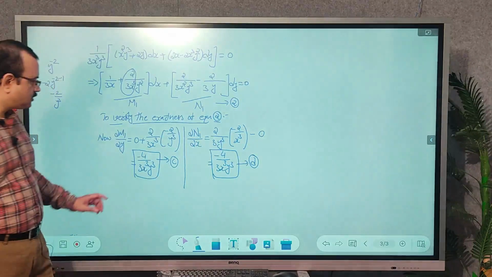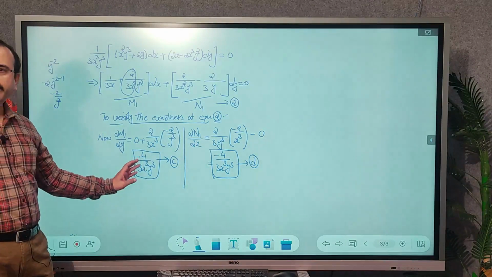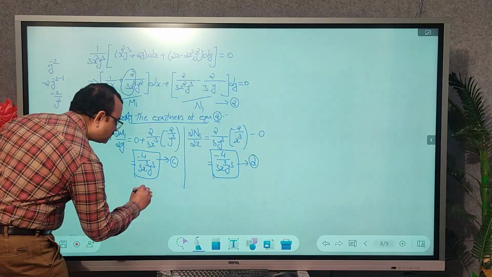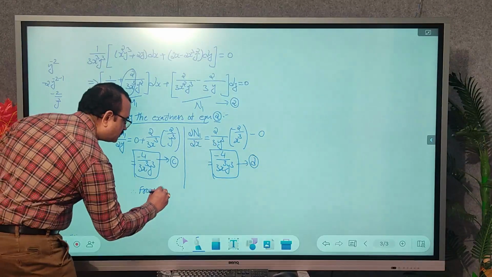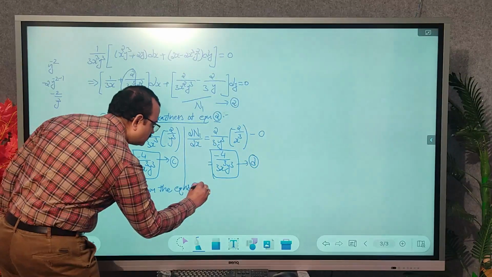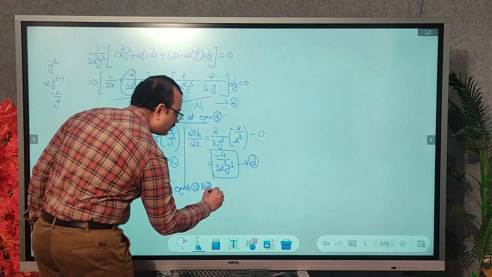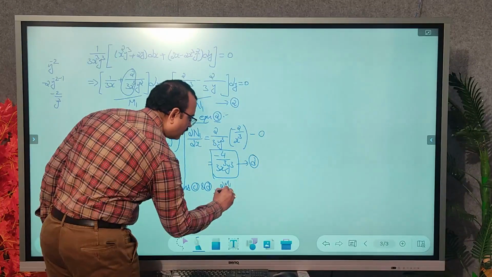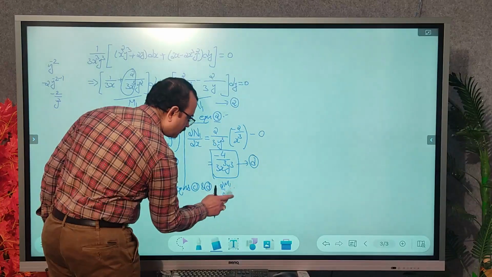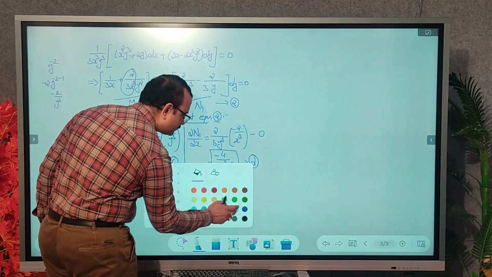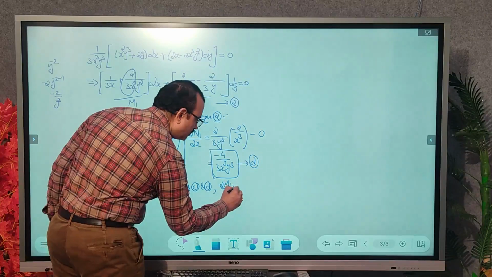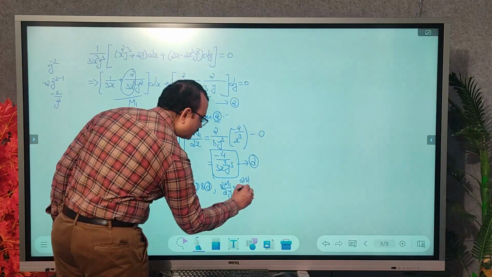So if you observe equations C and D, both are the same, minus 4 by 3x cube y cube, you can conclude. Therefore from equations C and D, we can conclude that dou M1 by dou y is equal to dou N1 by dou x.